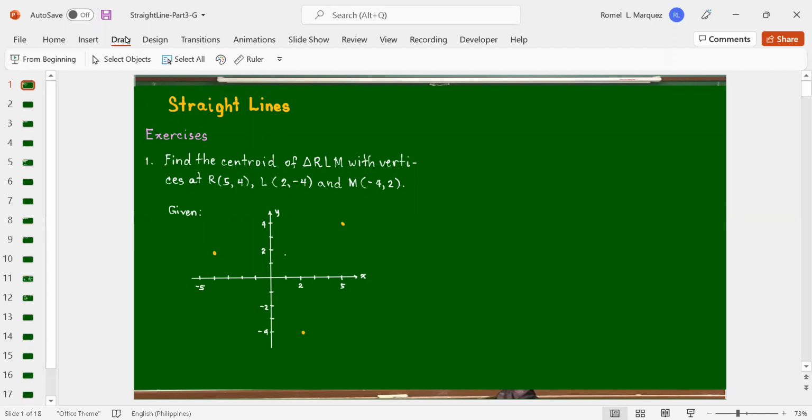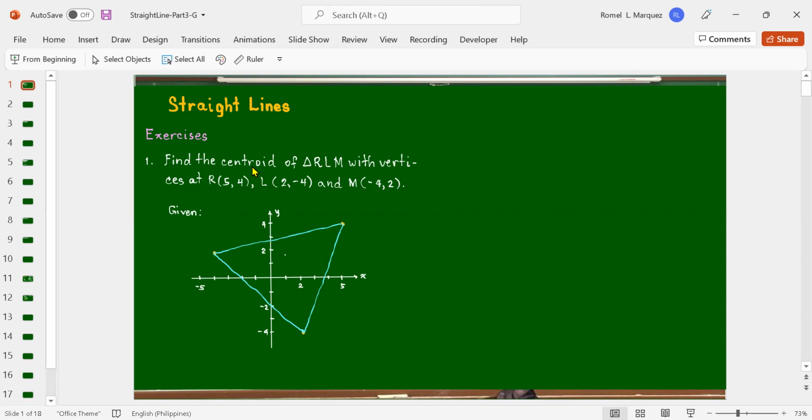Let's connect these points to form a triangle.